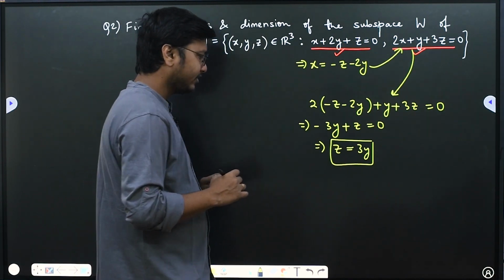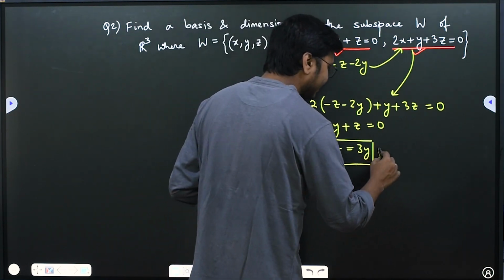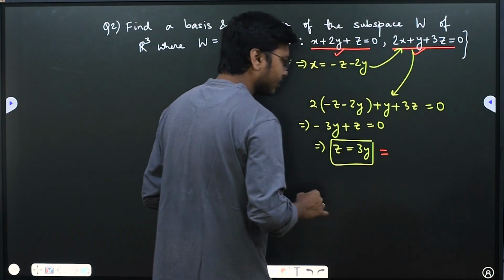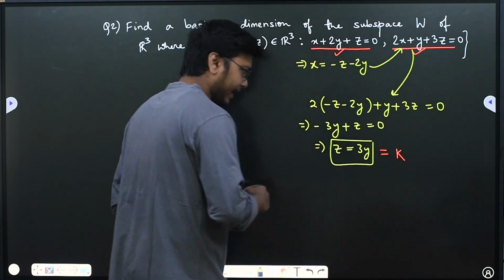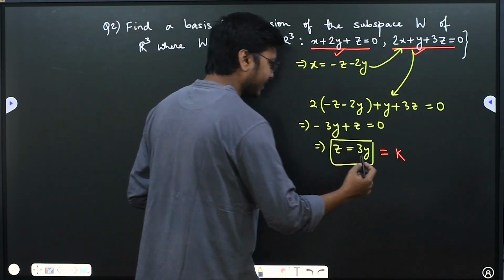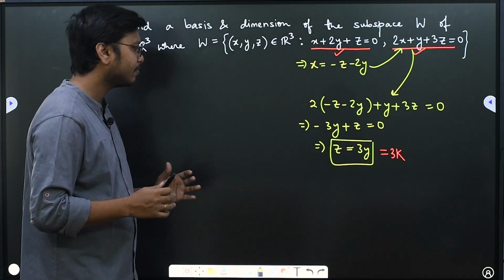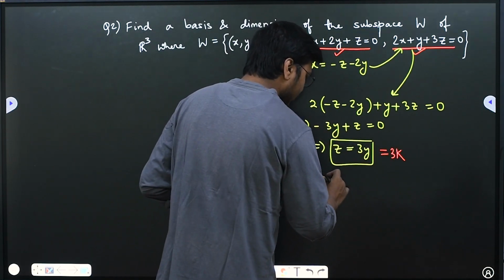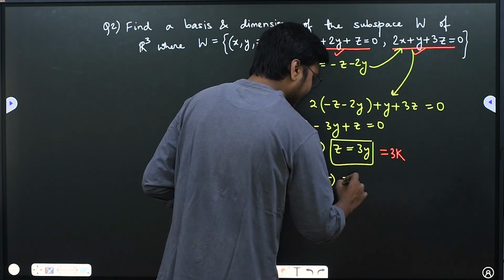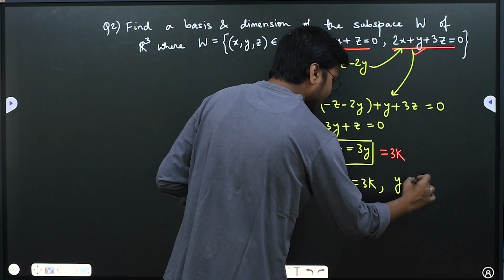I have got z equals 3y, and let me say that this is equal to some constant k, or some constant I can assume 3k. Just for convenience I'm considering that let this be equal to 3k. So then I would have z equals 3k and y equals k.